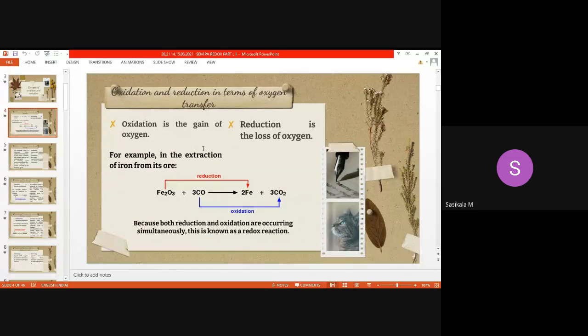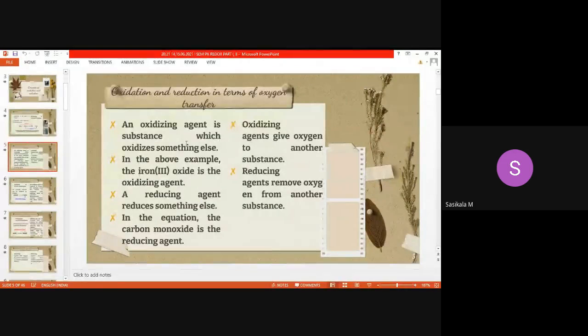With the example of ferric oxide plus carbon monoxide, it gives two molecules of iron and three molecules of carbon dioxide. The iron oxide has lost its oxygen, so it got reduced, whereas carbon monoxide has gained an oxygen, so it got oxidized.